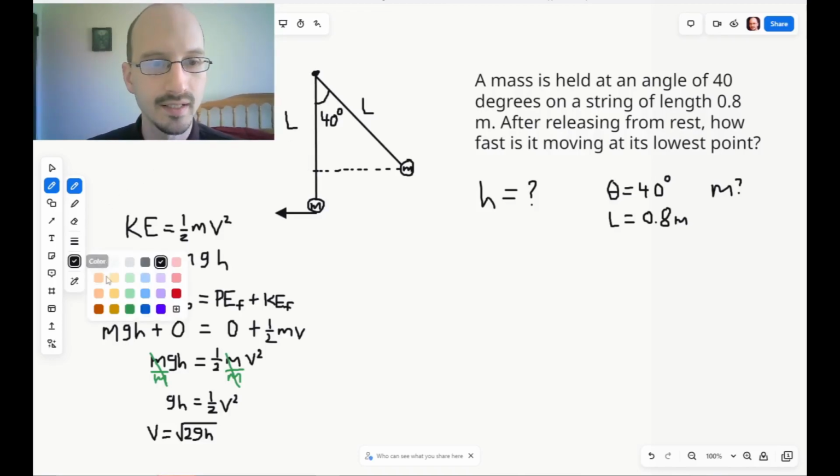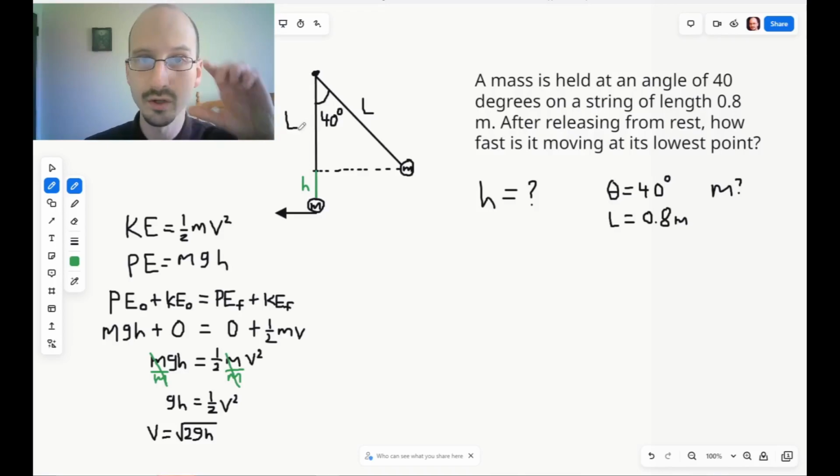So the height is, in fact, this portion. H is down here. L is the whole thing, but H is just the portion of the string that is below the initial height of the object.